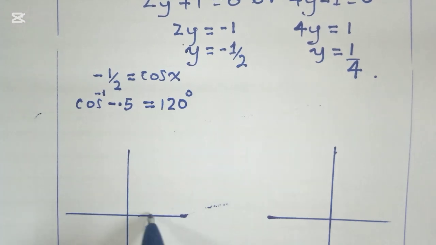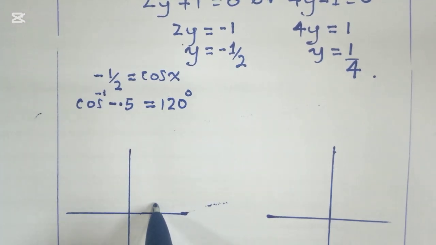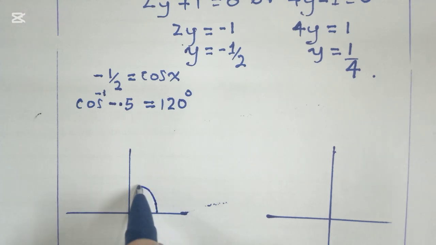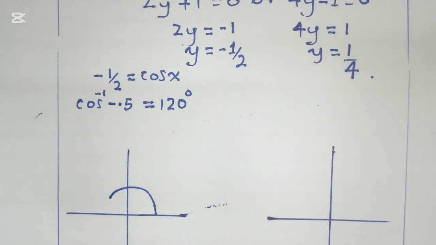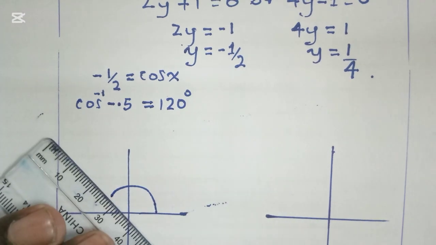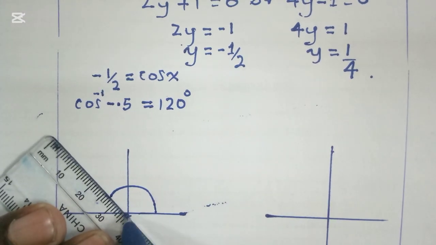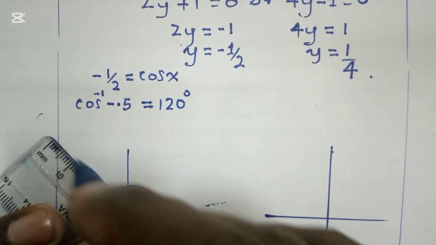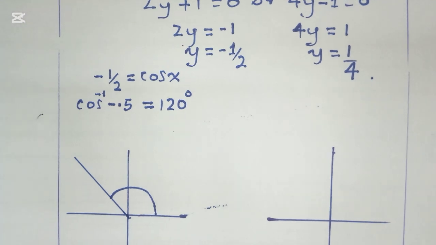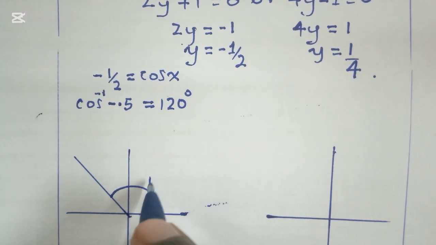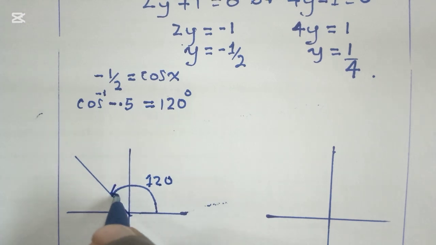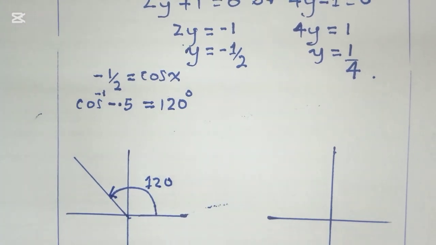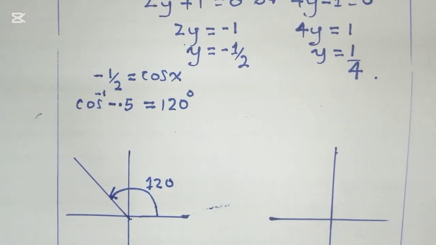We shall have 120. We are supposed to go this way up to where the 120 is. So here is where we have your 120. That is 120. So that is one of our solutions.